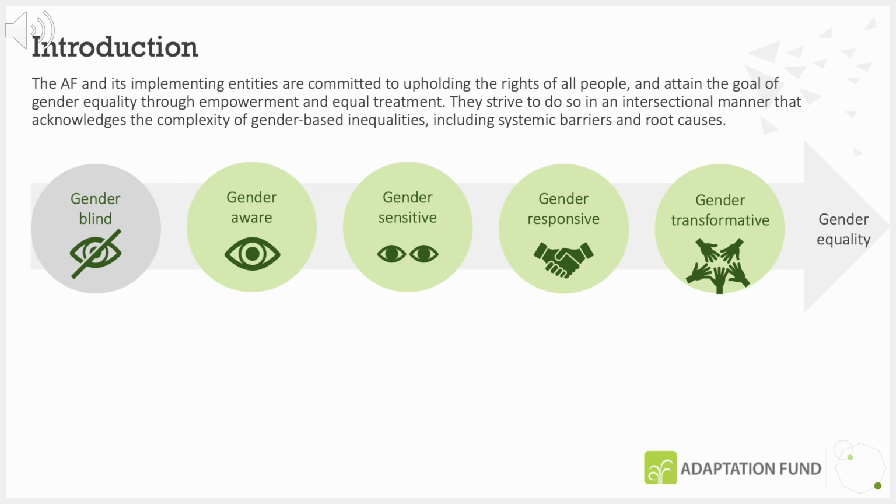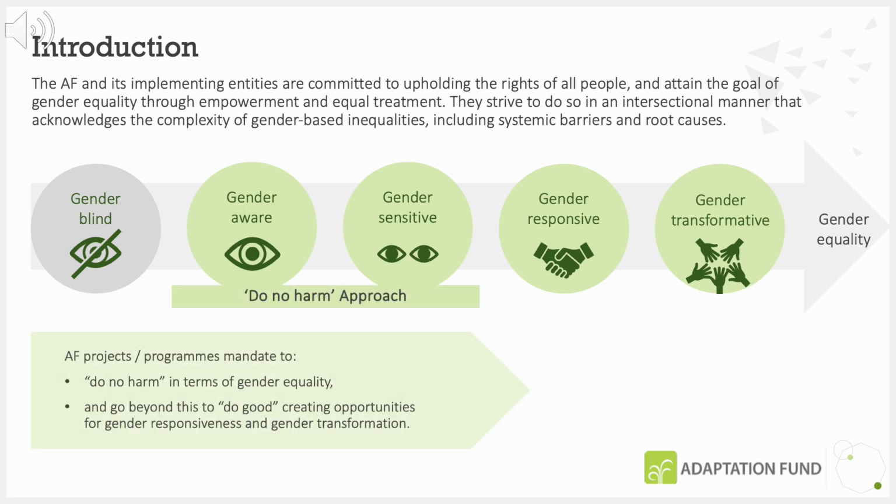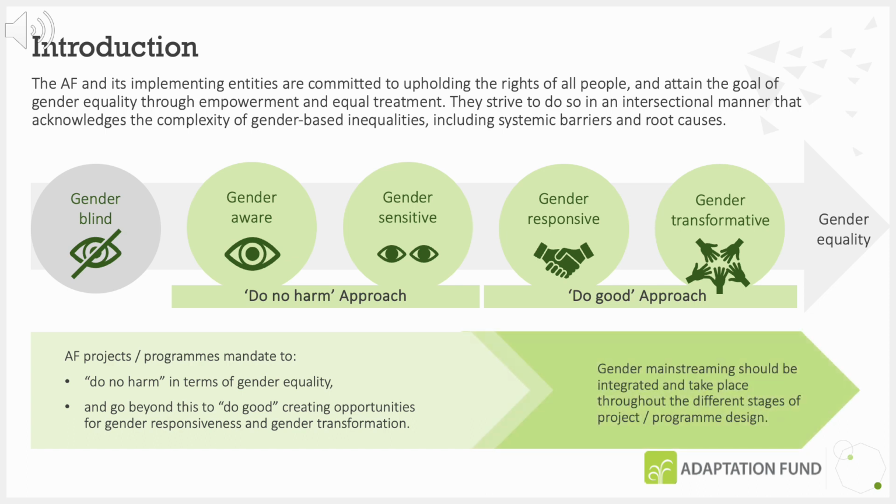To achieve this goal, the Adaptation Fund projects and programs mandate to do no harm, thus avoiding creating or reinforcing negative impacts on women and vulnerable groups, and go beyond this to do good, creating opportunities for gender responsiveness and gender transformative actions. Gender mainstreaming should be evident throughout the design of a project or program and integrated into the full proposal.